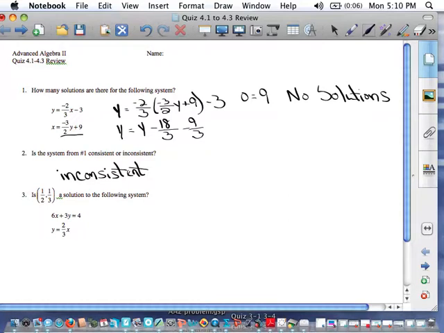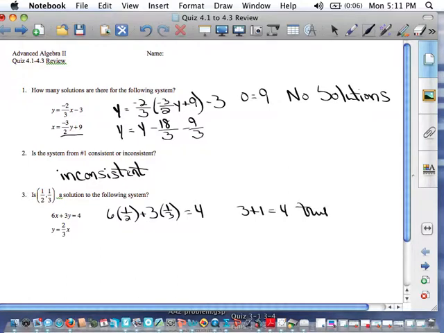Number 3 asks if the ordered pair 1/2, 1/3 is a solution to the following system. So you will substitute those values of x and y in and see if those equations are true. So 6 times 1/2 plus 3 times 1/3 equals 4. So you get 3 plus 1 equals 4, and that is true.